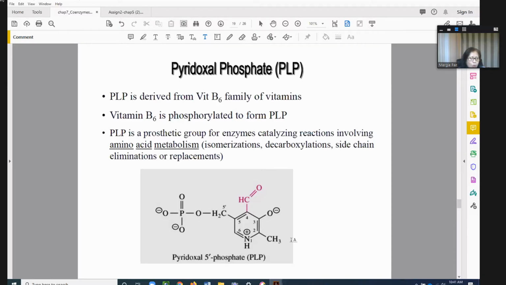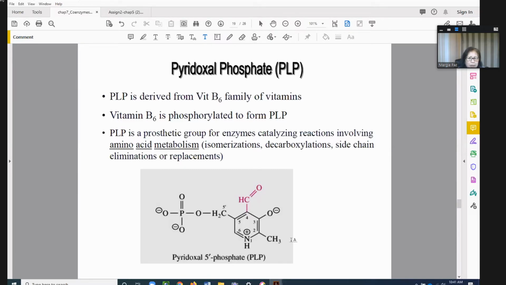Right? When vitamin B6 enters a cell, there's that enzymatic transfer of the gamma phosphoryl group from ATP to form this pyridoxal 5' phosphate.